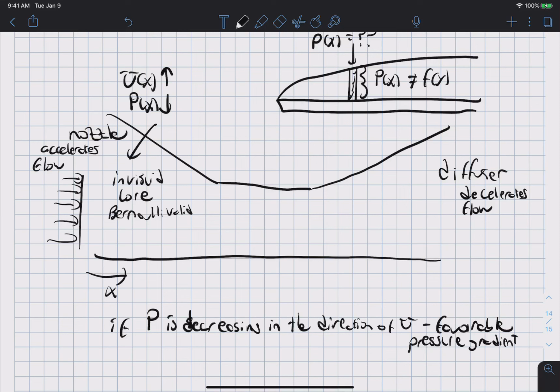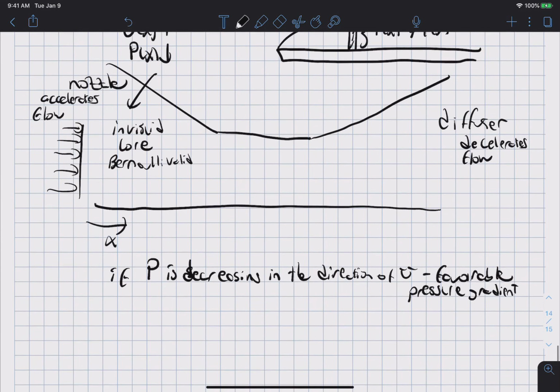Okay, and essentially what you can sort of think of that as is we have a boundary layer here, and the pressure here is imposed, is basically constant, but the pressure here is higher than the pressure over here. So what that basically means is that for a fluid element in the boundary layer, there is a net pressure force that is accelerating it in the direction of the flow.